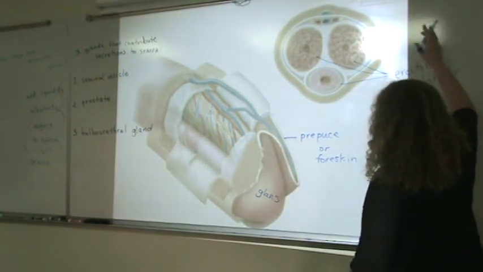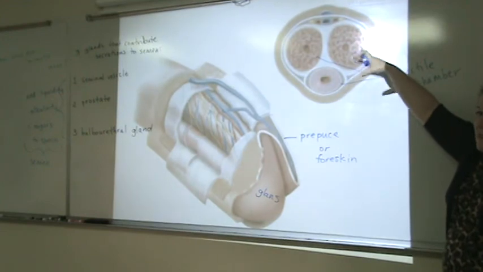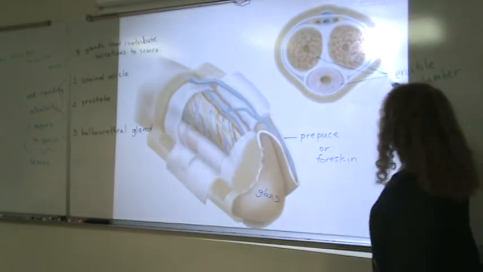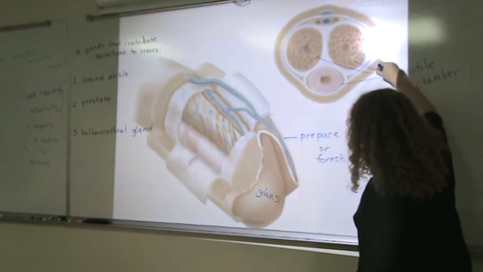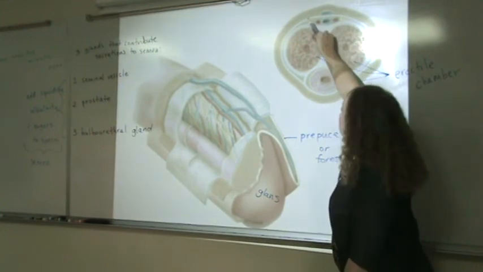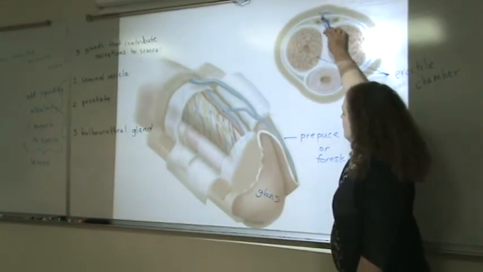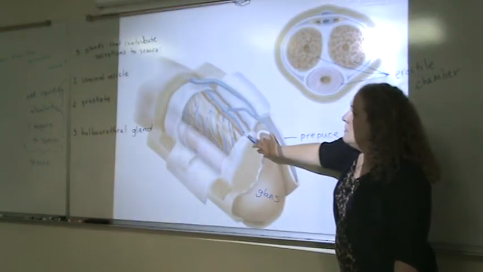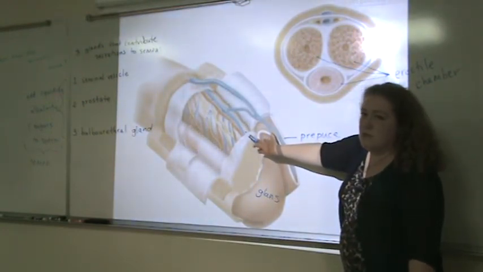These are the parts of the penis that can fill with blood and give erection. You have 3 of them. And then notice you also have blood vessels and nerves. What would this be? This would be anterior as well.